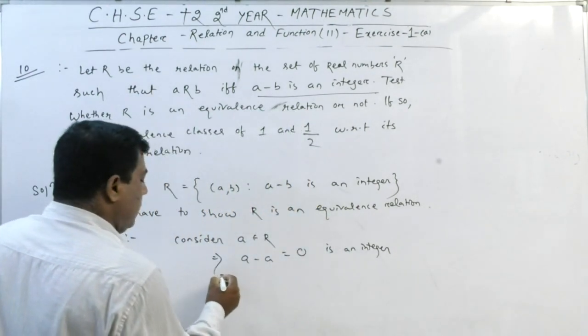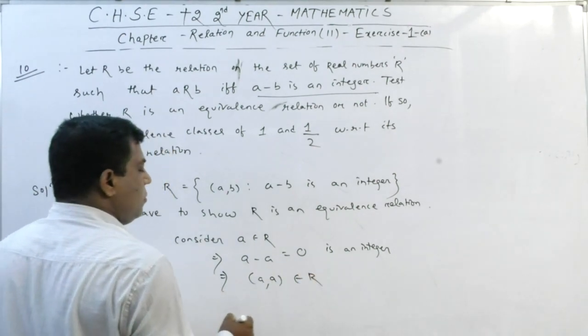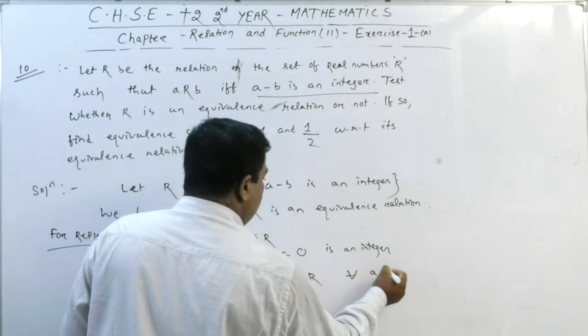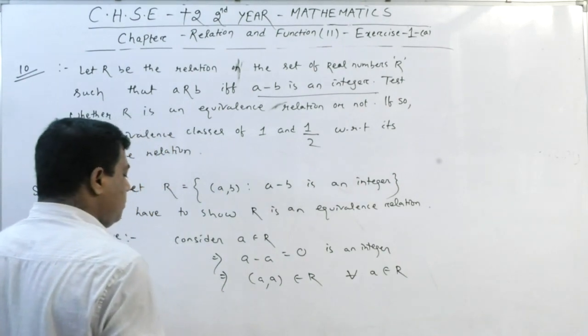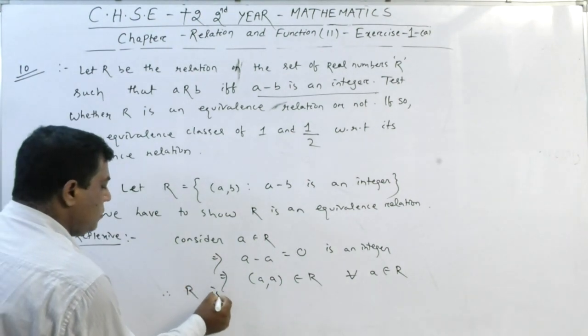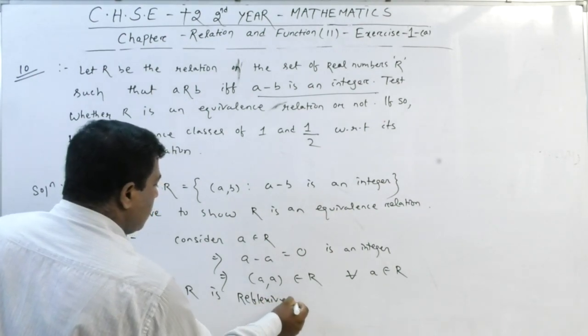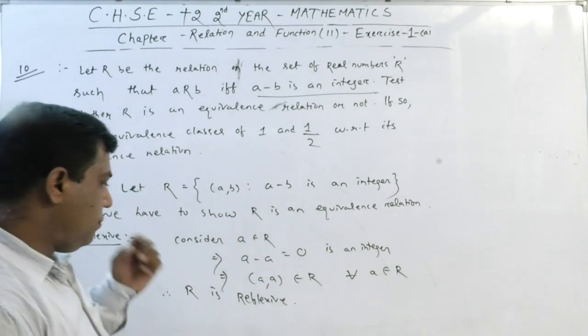That implies the ordered pair (a, a) belongs to R, for all a belonging to R, the set of real numbers. Yes or no? Therefore, R is reflexive. Clear?